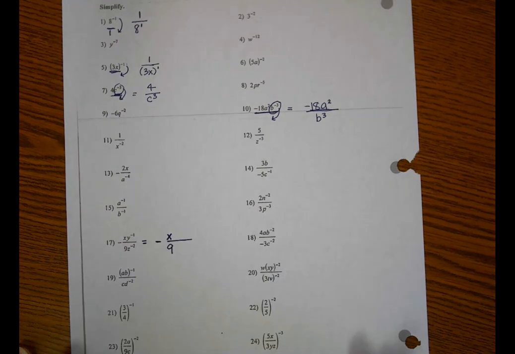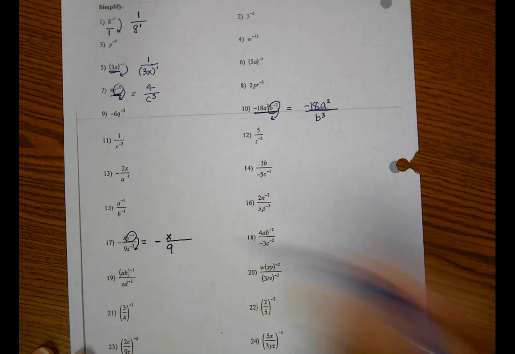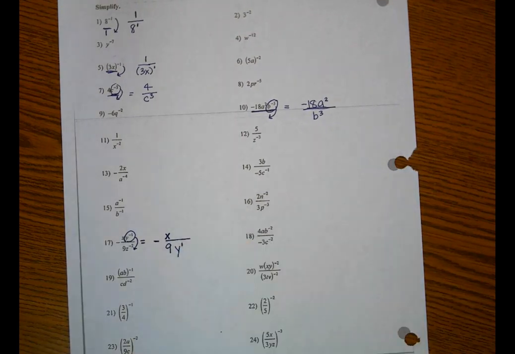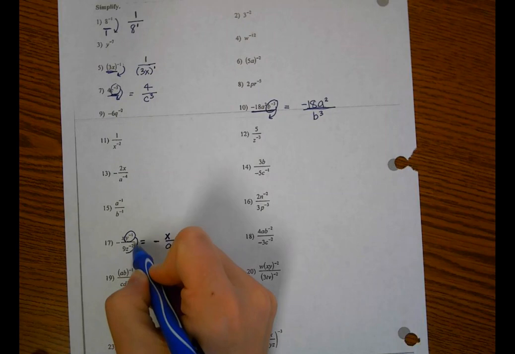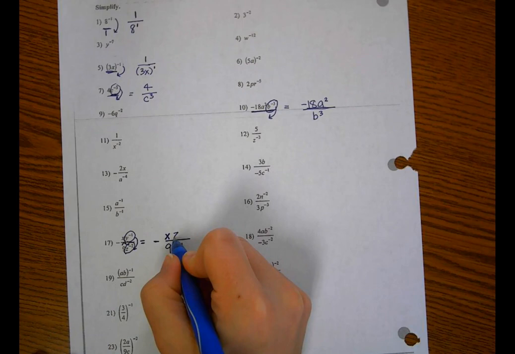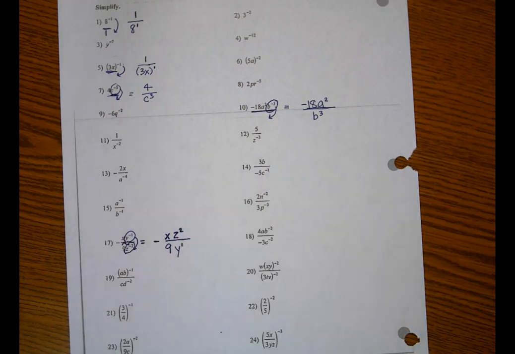So then if we look at what needs to move, I have y to the negative 1. That's going to need to move to the bottom, so this becomes y to the positive 1 when I move it. And then I have z to the negative 2, which needs to move to the top. So this is going to become z to the positive 2 once I change its exponent. So it's only the part that has a negative exponent that needs to be moved, not everything.